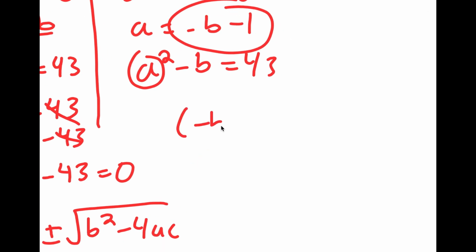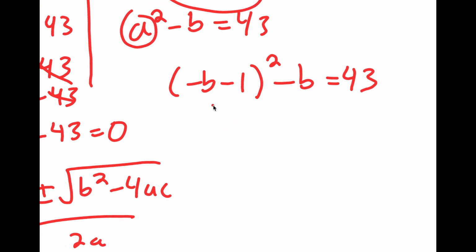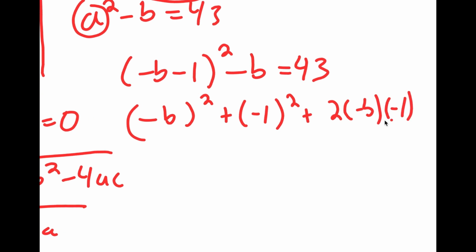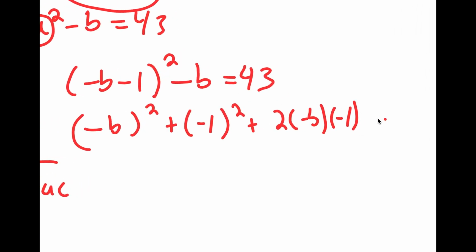So I get negative b minus 1 squared minus b is equal to 43. Now to solve this, negative b minus 1 squared, that's the same thing as negative b squared plus negative 1 squared plus 2 times negative b times negative 1. And then we have our minus b is equal to 43.